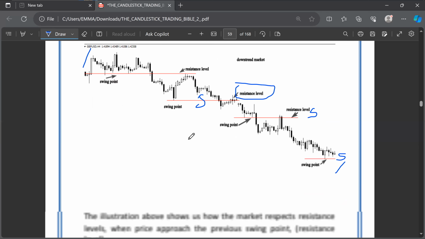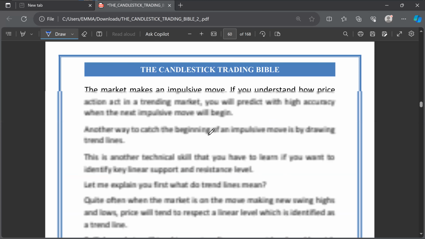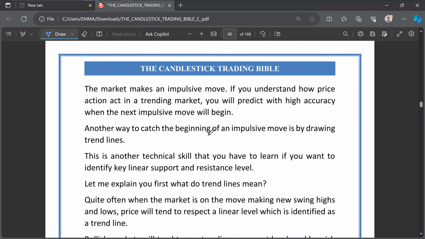Now, the illustration above shows us how the market respects resistance levels when price approaches previous swing points, as in here, the swing point, the resistance level. Now, the market makes an impulsive move. If you understand how price action acts in the trading market, you will predict with high accuracy when the next impulsive move begins.